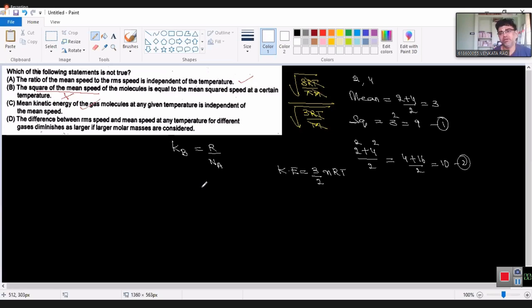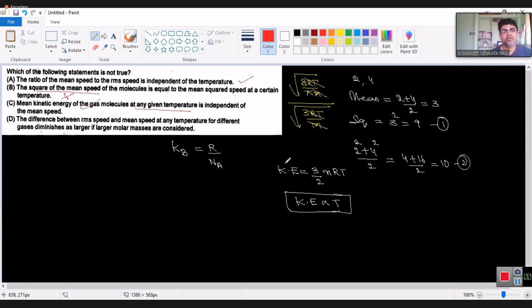R is for mole, k is for molecule. So kinetic energy is directly proportional to temperature. But it is given that at any given temperature, so temperature is already constant. So kinetic energy will remain constant.